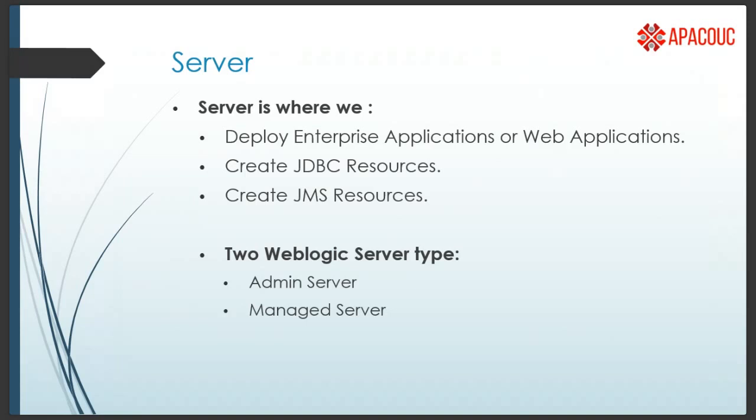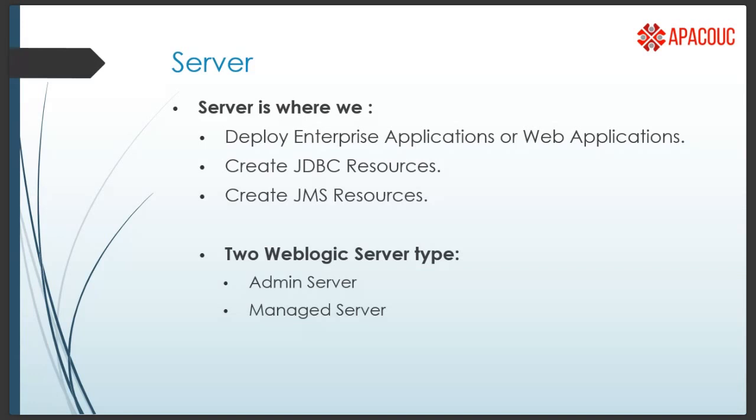When I'm talking about a server, it is the configured instance to host applications and resources. So it can be a web app, enterprise app, web service, JMS, JDBC, and different things. In WebLogic, I have two different kinds of server: the admin server and the managed server.